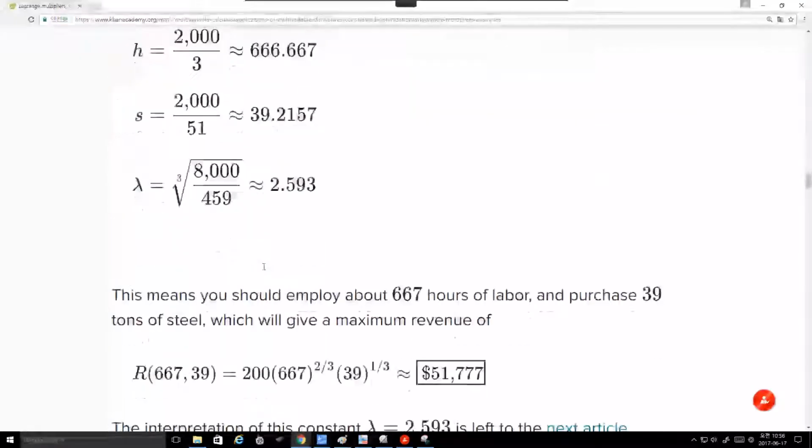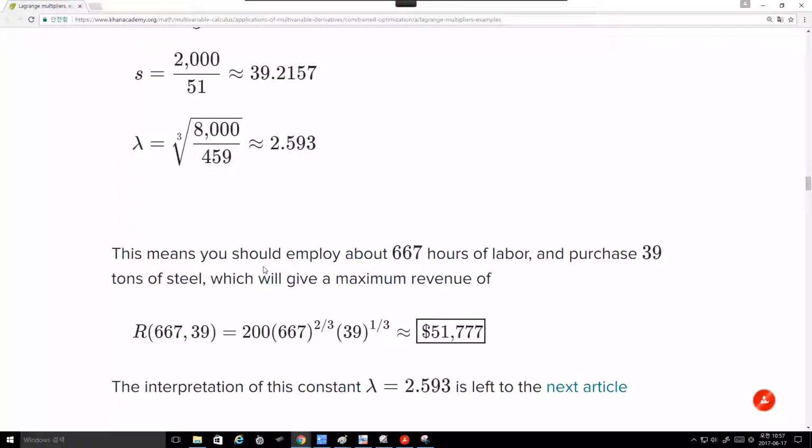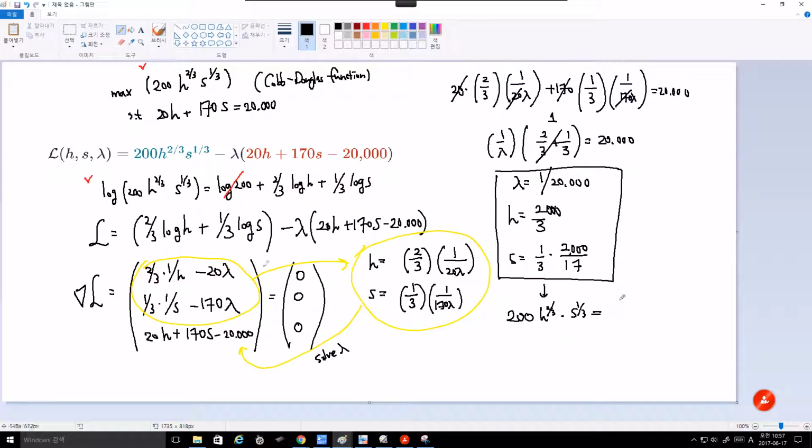The answer was, yes, this one. So this is the process. And here we solve for lambda, and this goes to this one. This is the process. Okay.